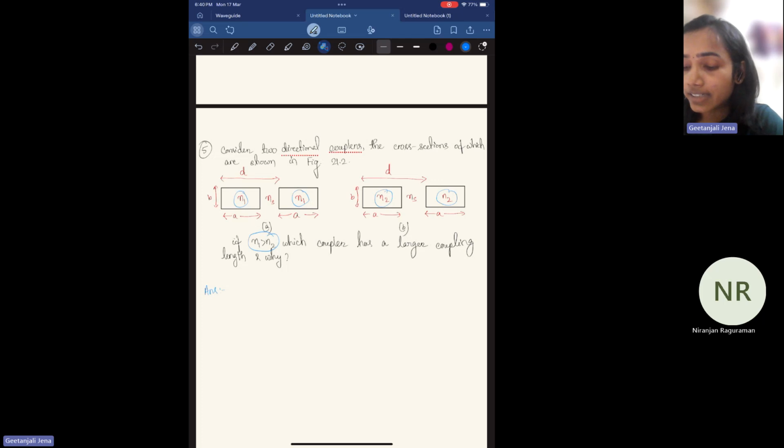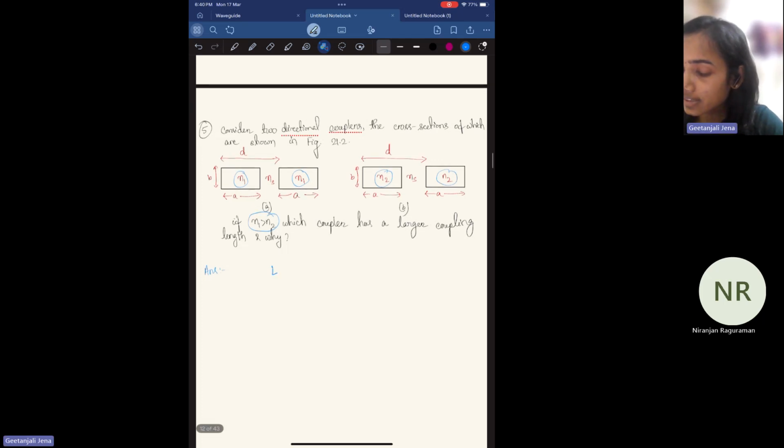So if I take identical waveguide, then what is LC? LC is pi by 2 kappa, right? And kappa is nothing but the coupling coefficient. So it depends on the coupling coefficient of the two waveguides.